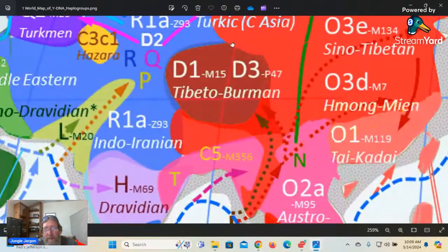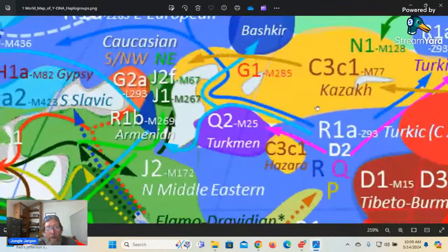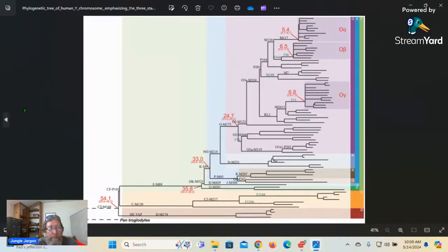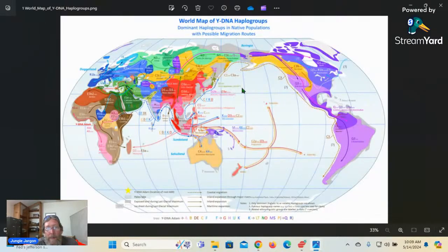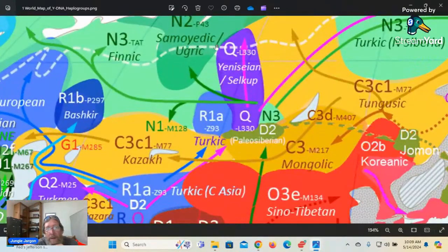And of course, you have O being Magog. Of course, Magog moved from this area over here, moved east. And then Meshach, which would be the N haplogroup, moved up north. So it's the N and the O. The N and the O are two separate lineages which line up perfectly with Meshach.